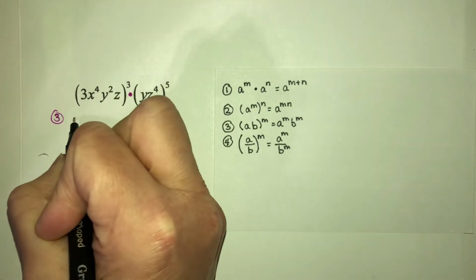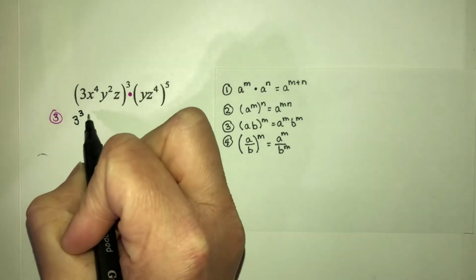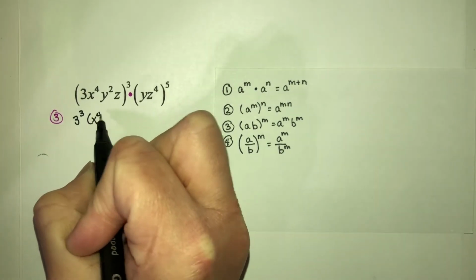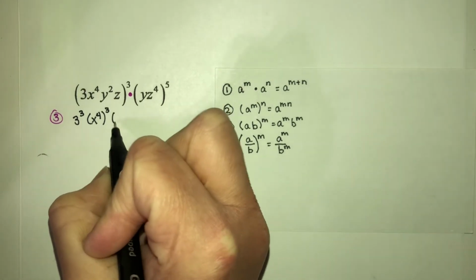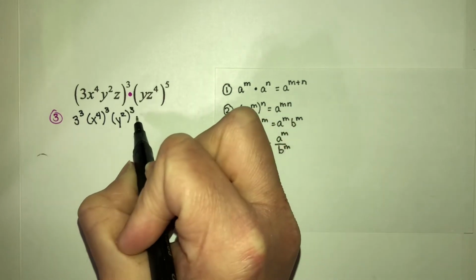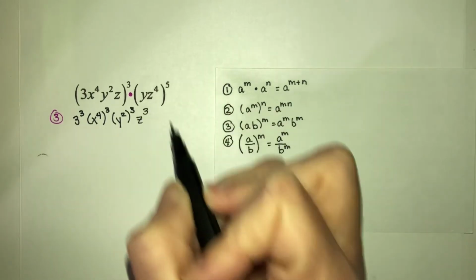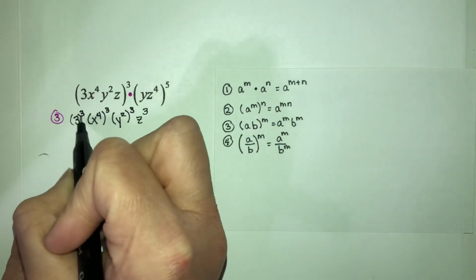This gives me 3 to the 3rd power, x to the 4th to the 3rd power, y squared to the 3rd power, z to the 3rd power. Okay, you can, if you want, put parentheses here.